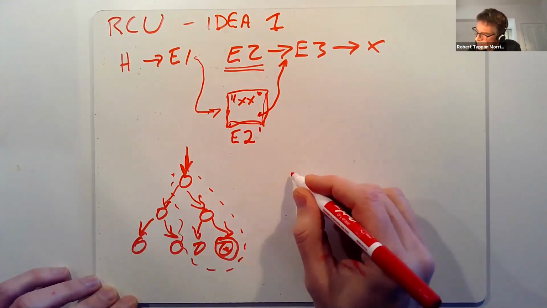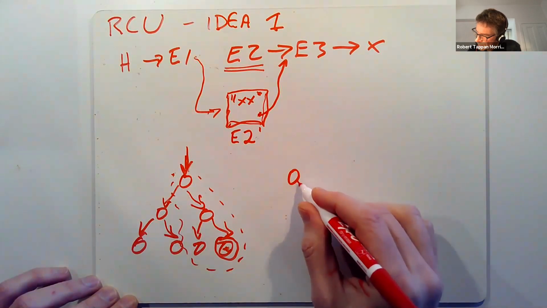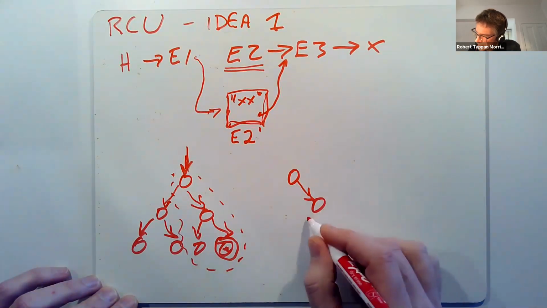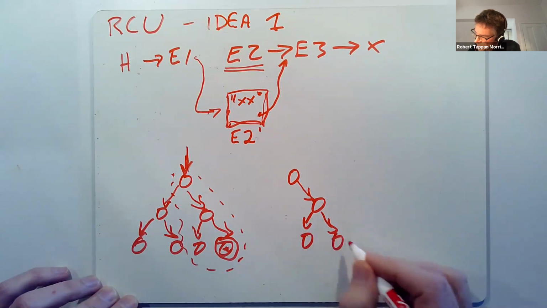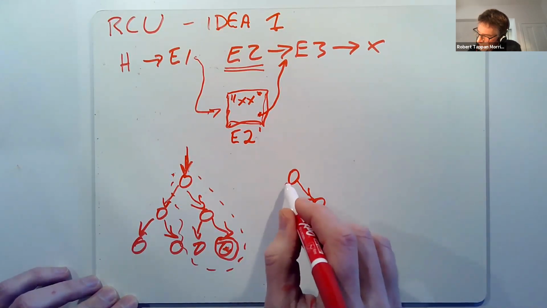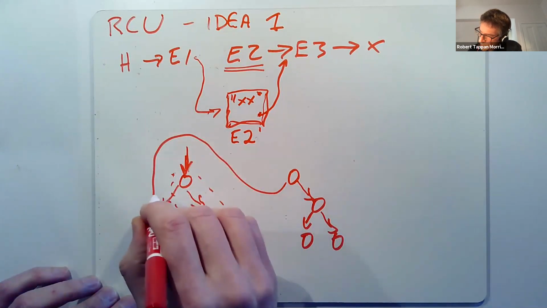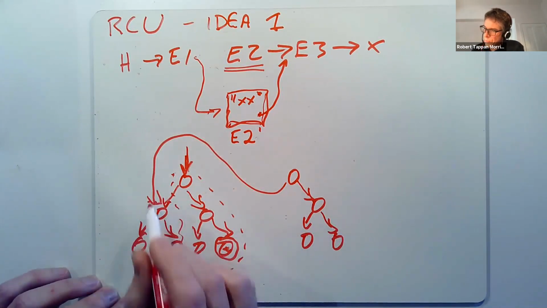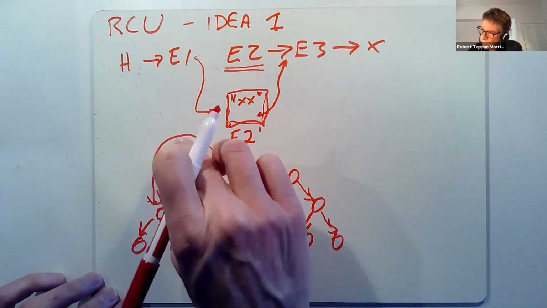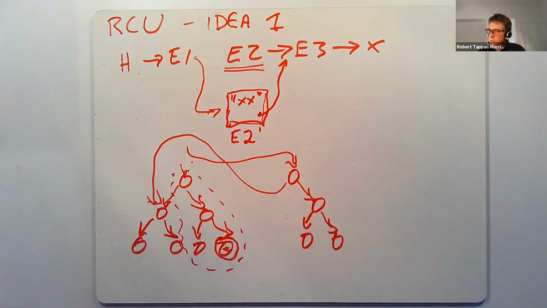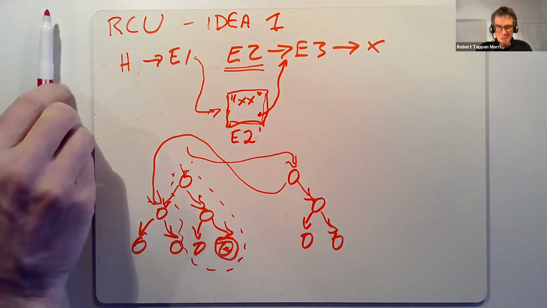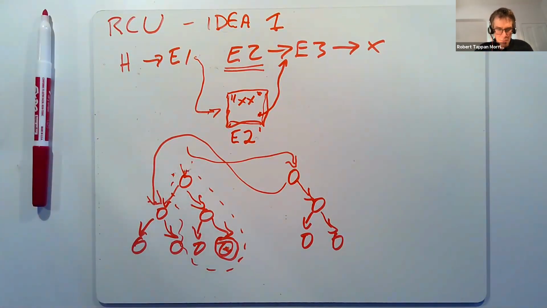The new version of the tree, which the writer will allocate, can share structure, for convenience, the unmodified part with the old tree, and then with a single committing write, we change the tree head pointer to point to the new version. But for other data structures that don't look like lists or trees, it's not so easy to use RCU.